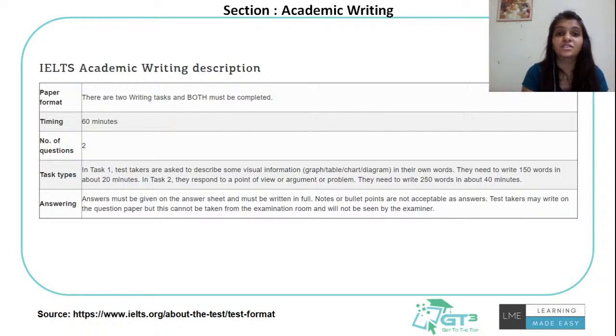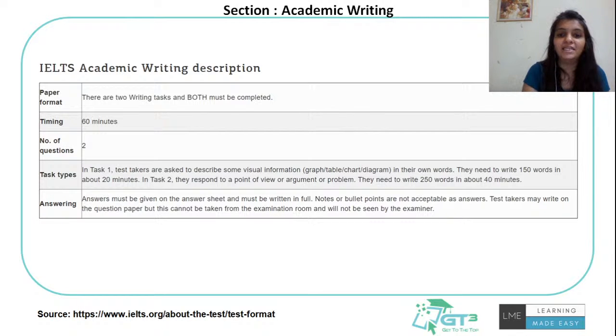There are almost 7 types of writing task in essays, and any one could be asked. Writing always works with a proper structure, proper methodology, and proper requirements that IELTS is looking for. So these are the task 2 questions that you have to complete in 250 words.